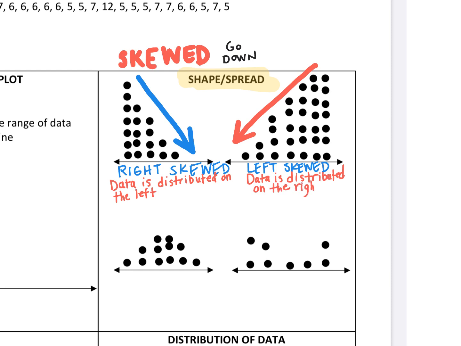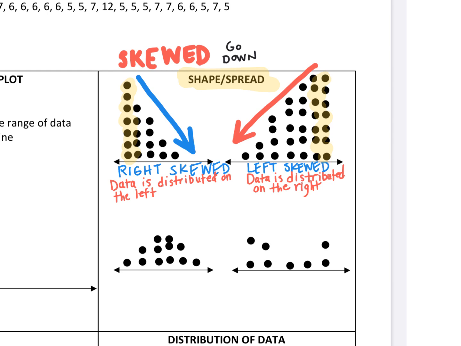That means most of the data we see is getting bigger and bigger on the right-hand side. You notice over here it's getting taller and taller, whereas over here it's getting taller on the left-hand side. So we have left skewed, which is going down on the left, and right skewed, which is going down on the right. Let's talk about our next one.